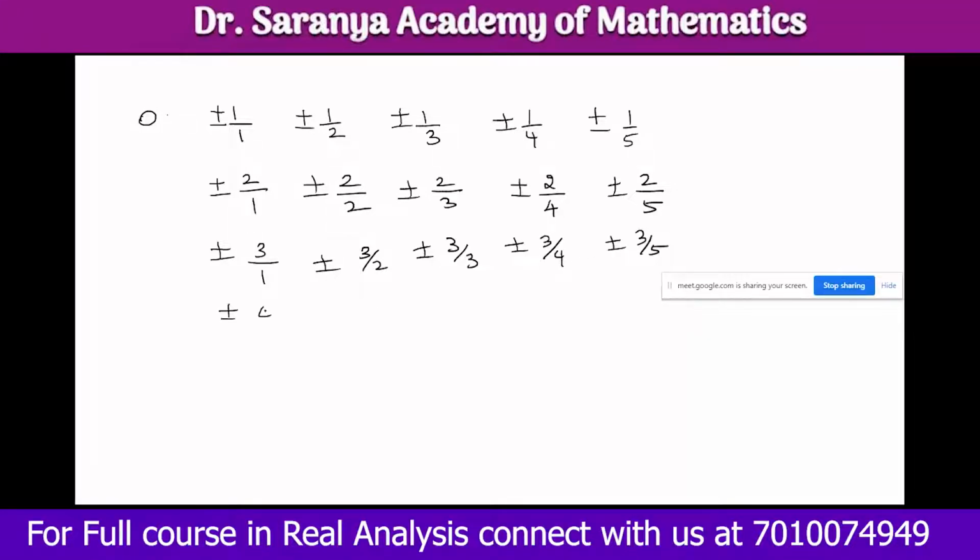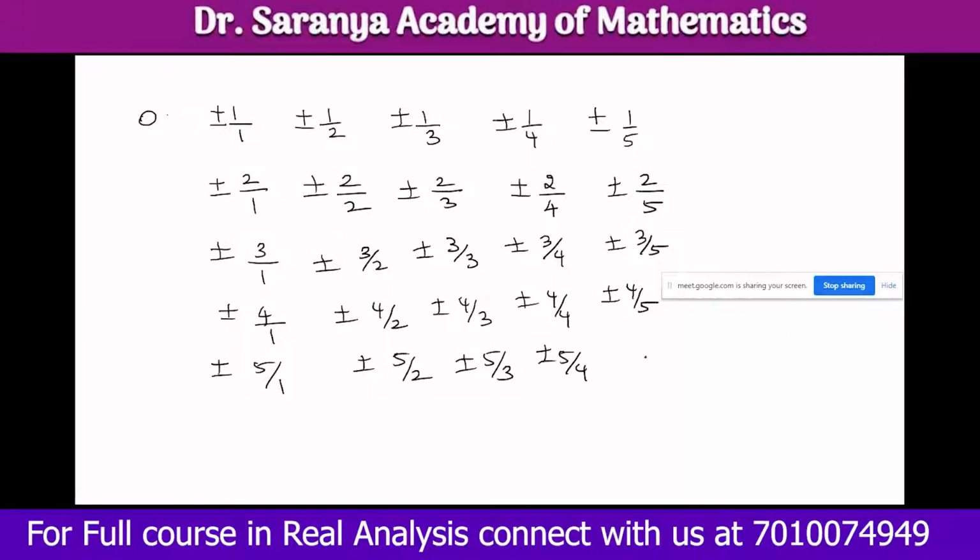Then plus or minus 4 by 1, 4 by 2, 4 by 3, 4 by 4, 4 by 5, 5 by 1, 5 by 2, 5 by 3, 5 by 4. Correct? Here also it will go on, etc. Don't forget to put etc. Then here also etc. Correct?